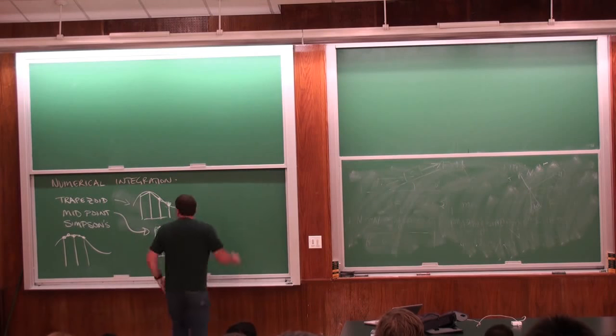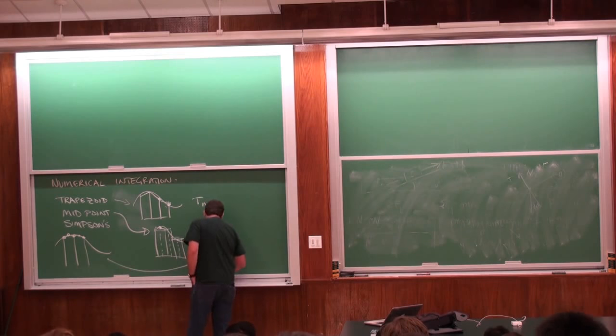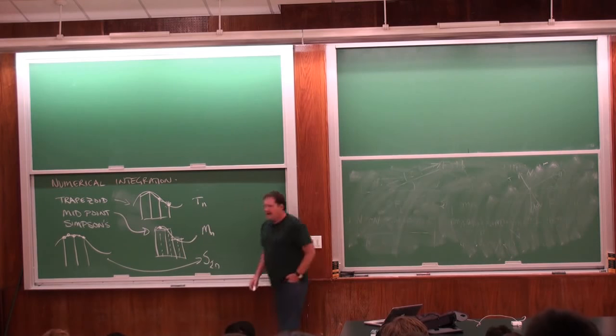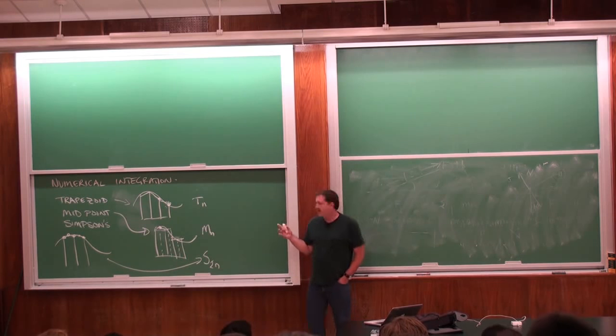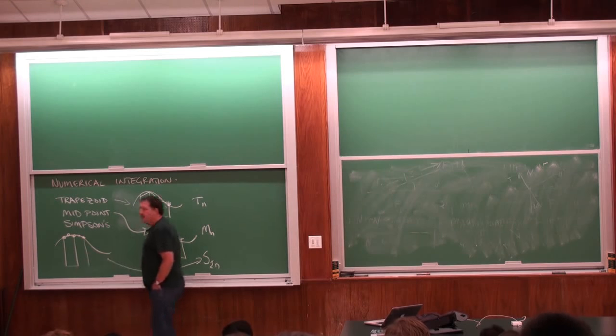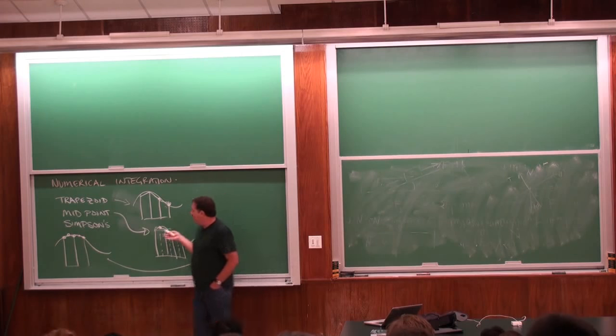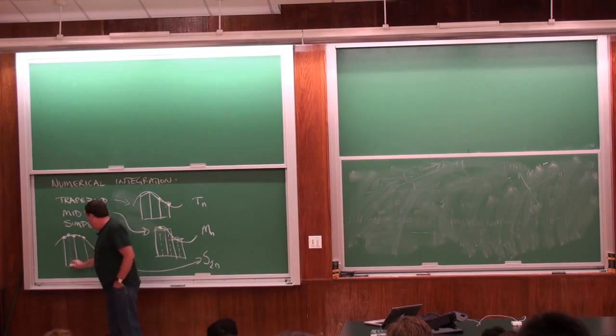If you look at the formula, let's call this Tn, Mn, and this one S2n, because we use more points, depending on what you call n.